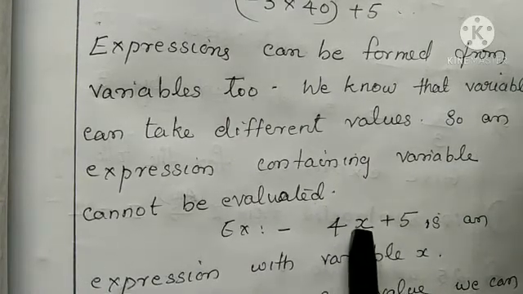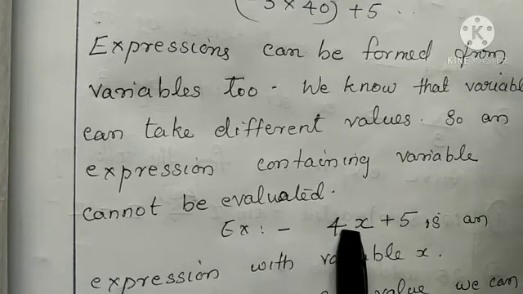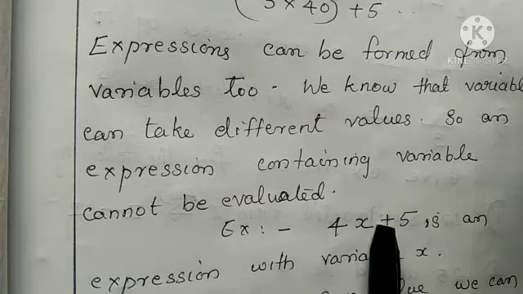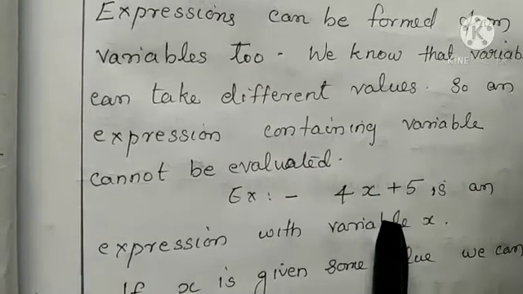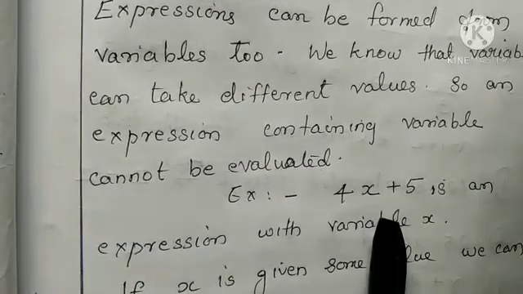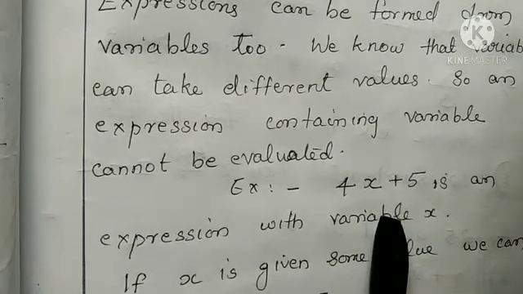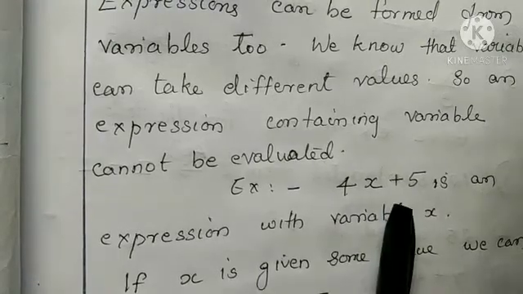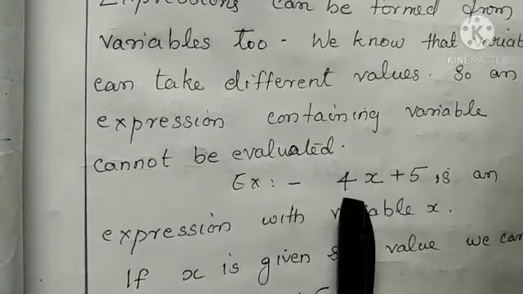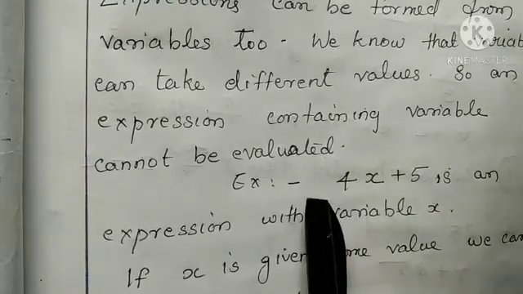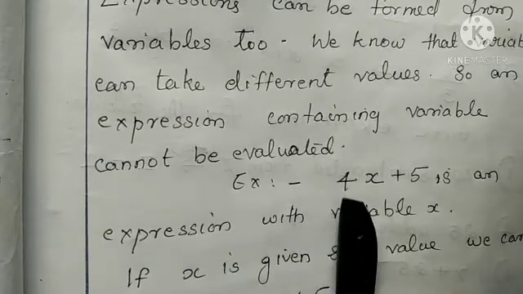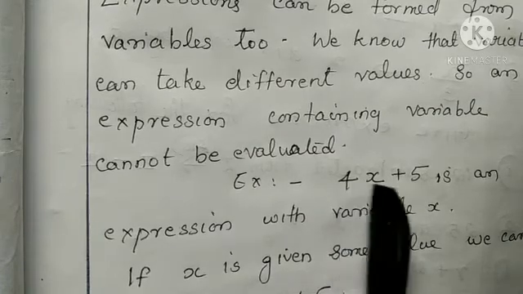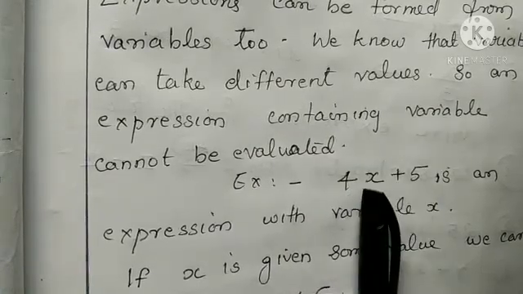So with this letter we can't calculate the value of this expression. But if the value of x is given, x equal to 1 or x equal to 2, we can calculate this expression. Understood? In an expression, if the value of the variable is given, we can calculate the value of that expression.